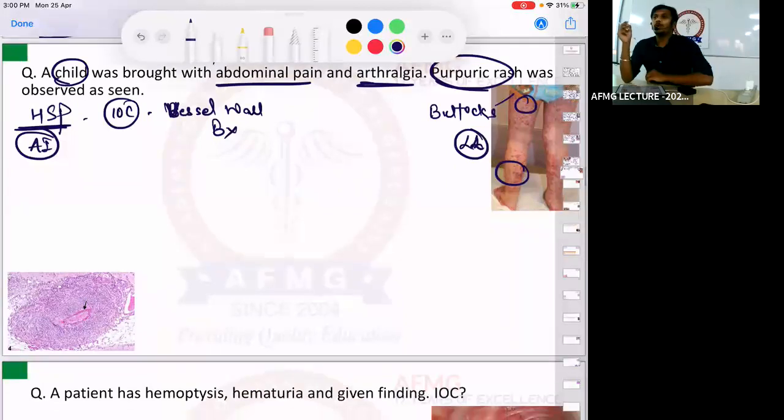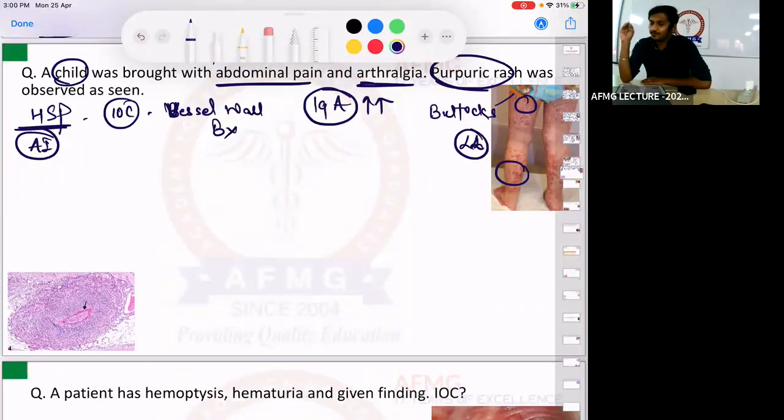Apart from this, as we know, HSP is a complement mediated vasculitis, and this complement is activated by the IgA. So IgA are present in excess. So HSP is an IgA related disease.